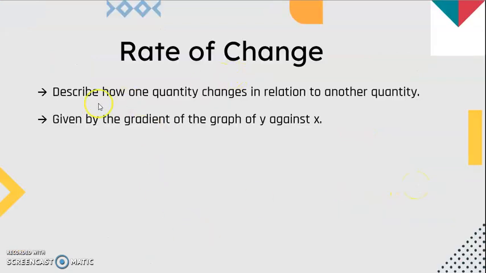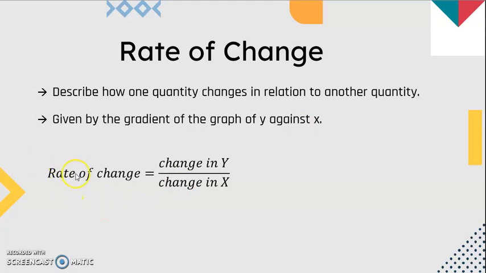First, rate of change describes how one quantity changes in relation to another quantity, given by the gradient of the graph of y against x. So, rate of change is equal to change in y divided by change in x. This is also known as the gradient.